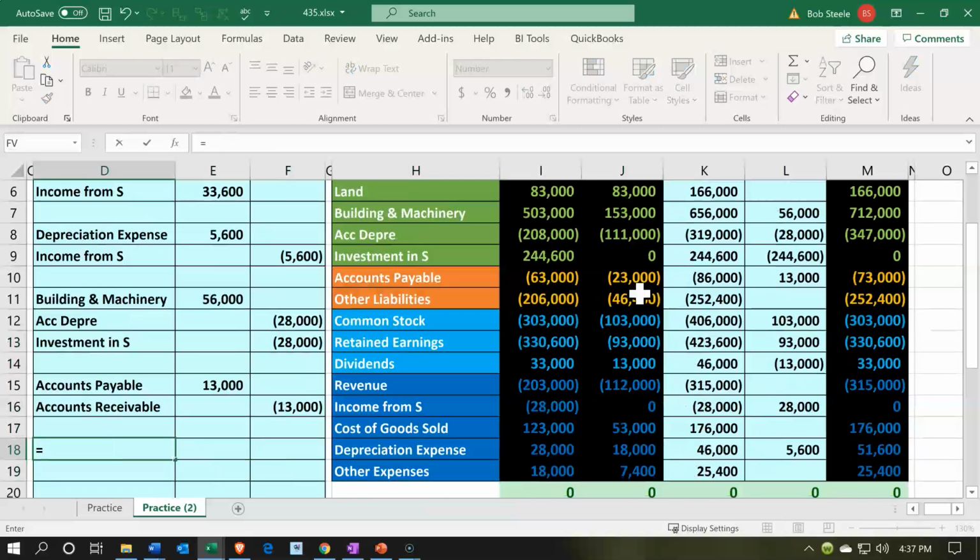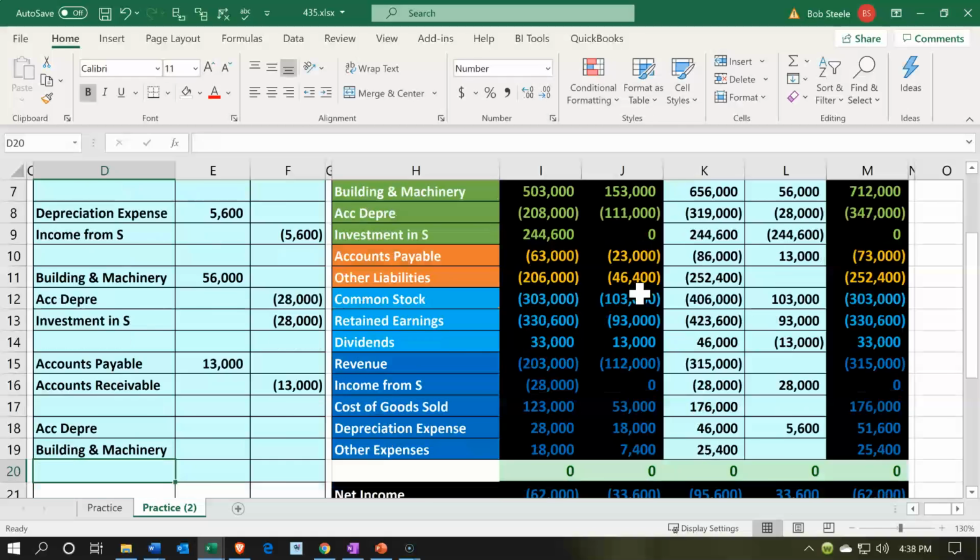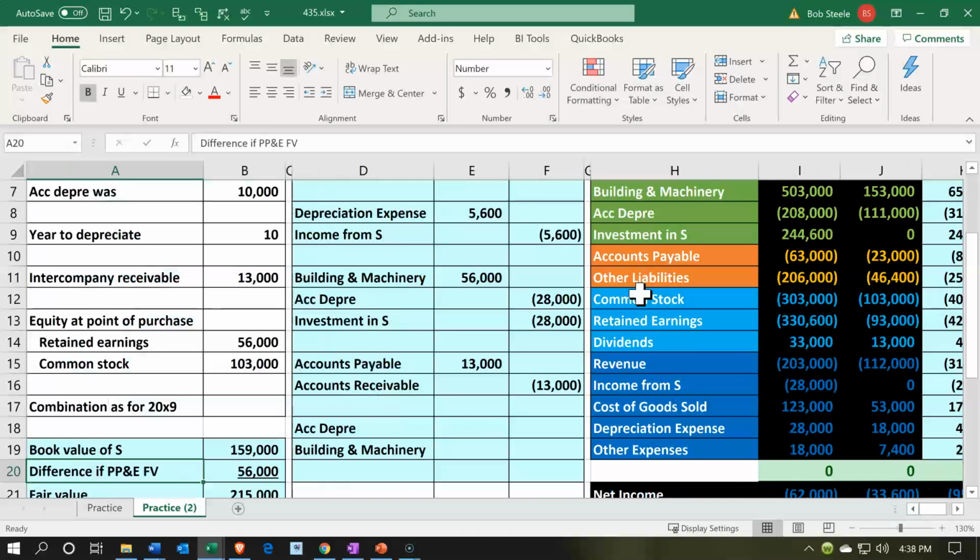Therefore, we're going to be debiting the accumulated depreciation, and we're going to be crediting the building and machinery. Now, in practice, of course, we would get this information from the point in time when the first purchase took place. The book problem's going to have to give it to you here.